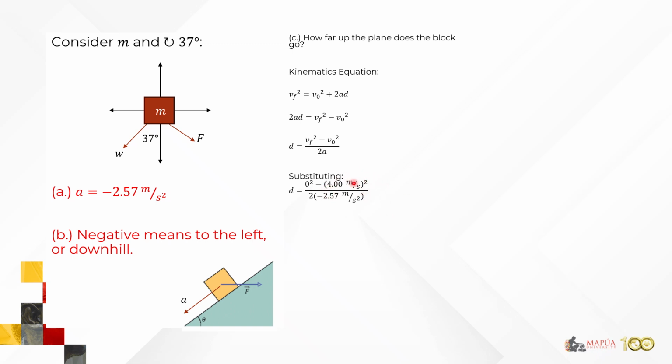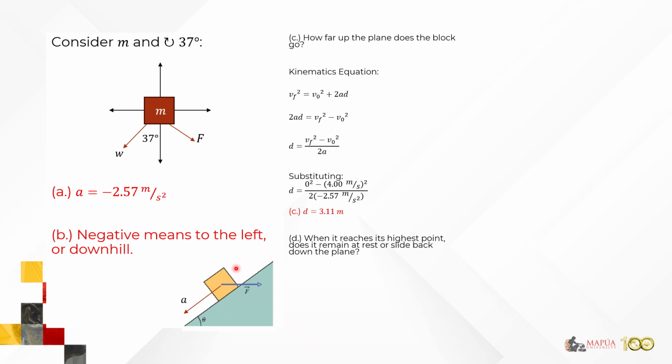This was given in the problem earlier. All over 2 times negative 2.57 meters per second squared, which is the acceleration that we solved earlier. And you should get an answer of d is equal to 3.11 meters.